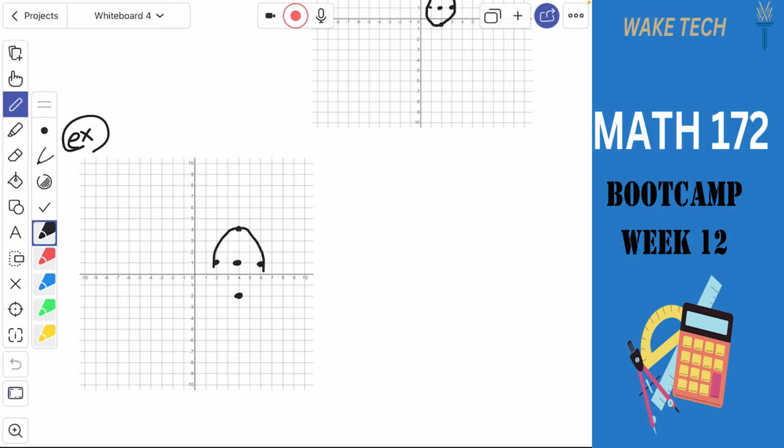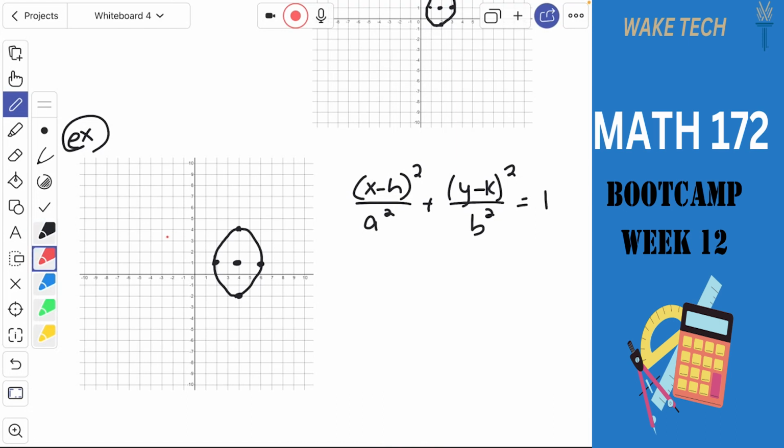What if we were given this graph and asked to come up with the equation of it? We would start with the generic equation, (x minus h) squared over a squared plus (y minus k) squared over b squared equals 1, and we need to identify the values for h, k, a, and b.